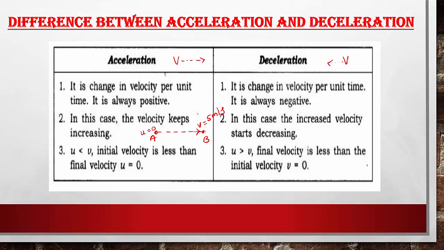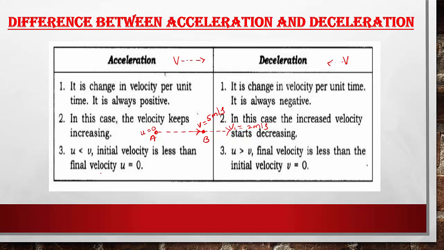Suppose the car applies a brake, then its velocity decreases. Let us take it as V1, which is 2 meters per second. So increasing and decreasing take place in objects when they are in motion. When velocity keeps on increasing, we say it is accelerating. When the increased velocity decreases, we say the object is decelerating.